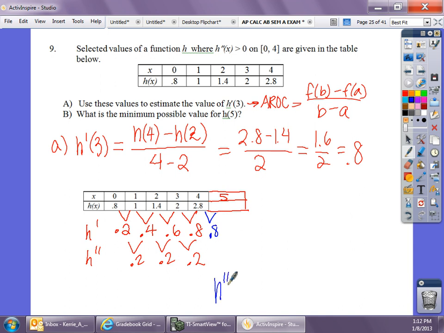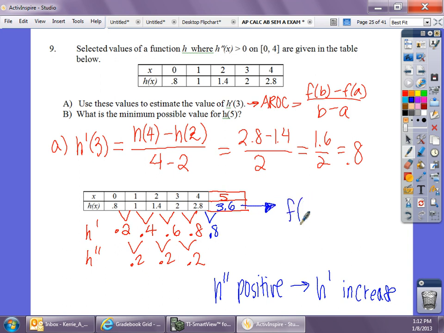So for h double prime to be positive, it means that h prime has to increase. And for it to increase, we look at what this value would be. If I do 2.8 plus 0.8, we actually get 3.6. If it was exactly 3.6, then you're not actually increasing the h prime, which means that h double prime could potentially be 0. So what you want for your x equal to 5 is that h of 5 has to be bigger than 3.6.